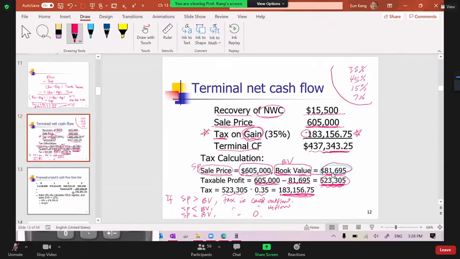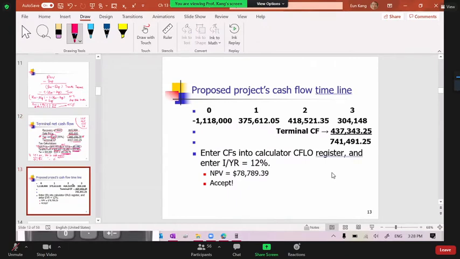Then now it's like this. 3-year operation, years 1 to 3. Those are OCFs, operating cash flows, right? In interim years, operating cash flows are just net cash flows. That's it.